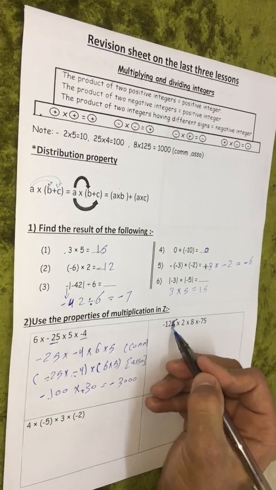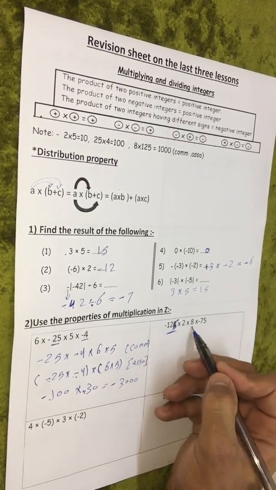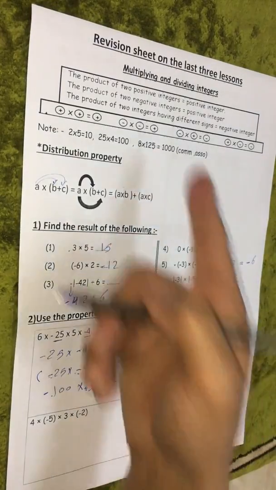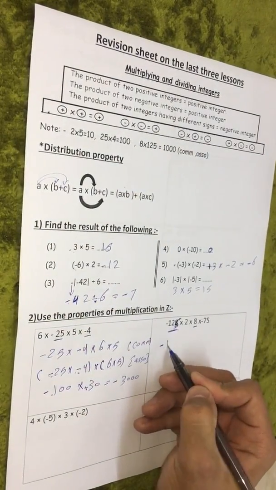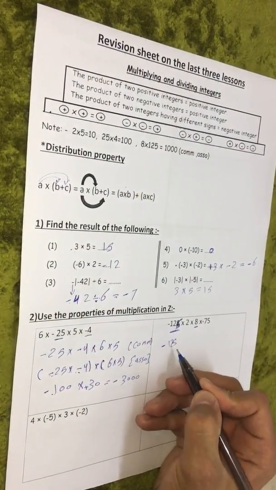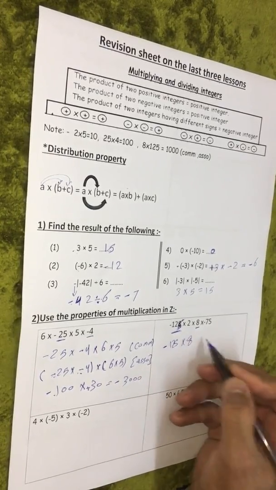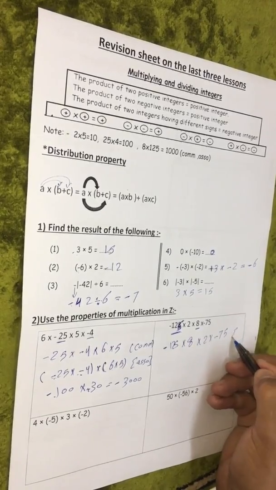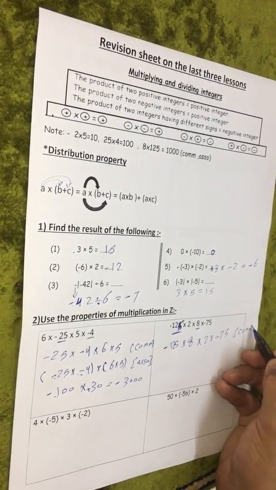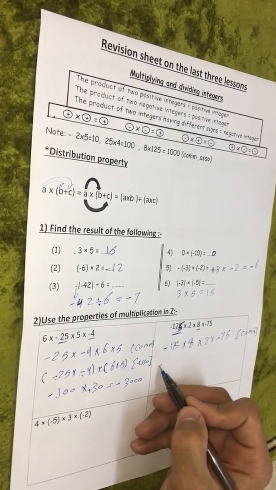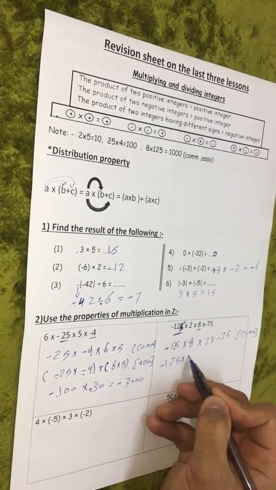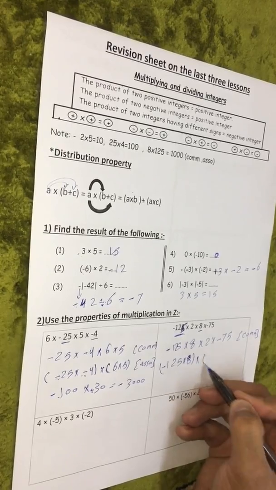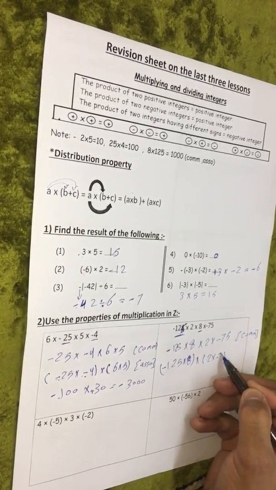Yes, you have negative 125 and 8. You can write it as negative 125 by 8 by 2 by negative 75. Yes, we use the commutative property. Next, associative: negative 125 by 8, by open bracket again 2 by negative 75.